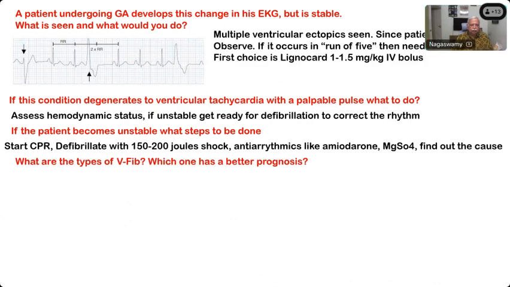What are the types of ventricular fibrillation? Which one has a better prognosis? Monomorphic and polymorphic. Okay, out of which one has got a better prognosis?